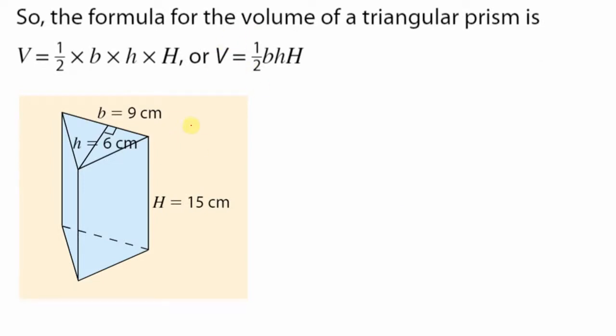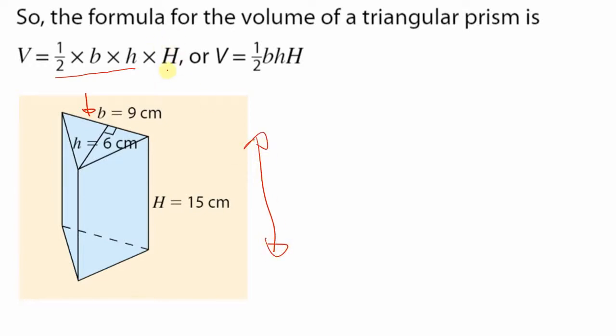Now if you look at the triangular prism, we first want the area of the base. In this case we have triangular bases. We know for a triangle the area is half times the base times the height. That's the area of the base. And then we still have to multiply by the perpendicular height.